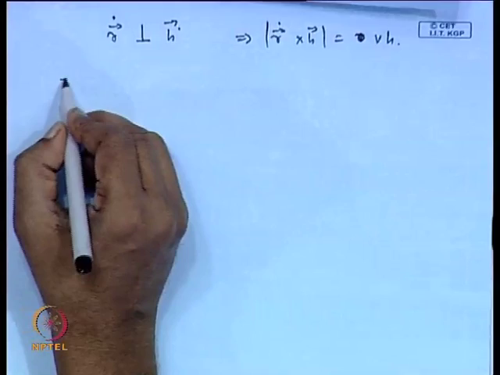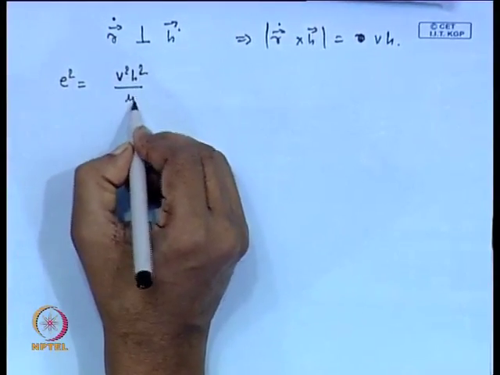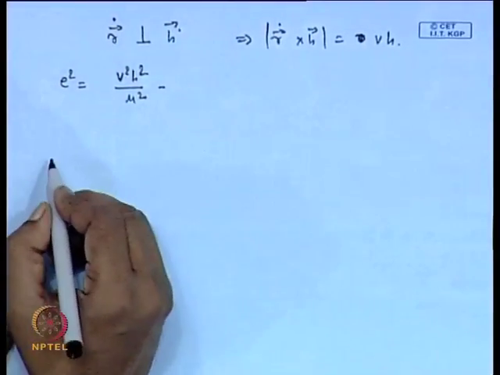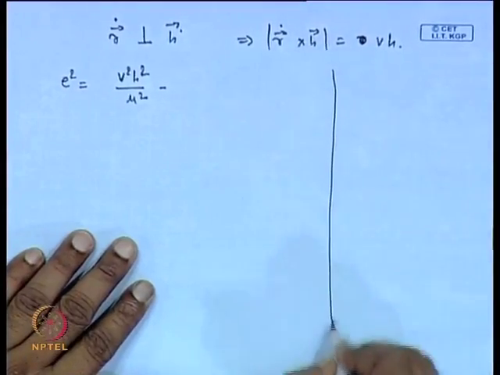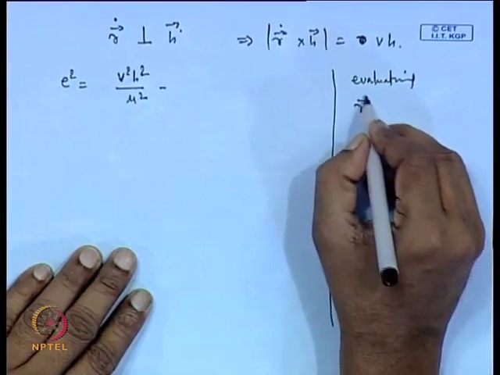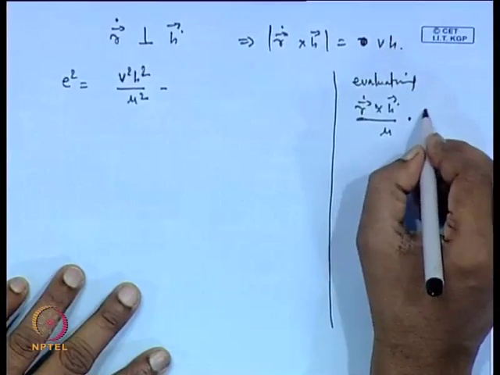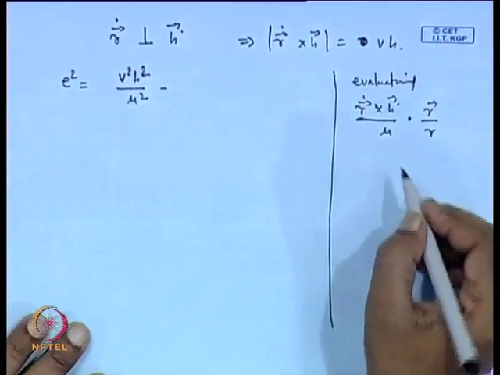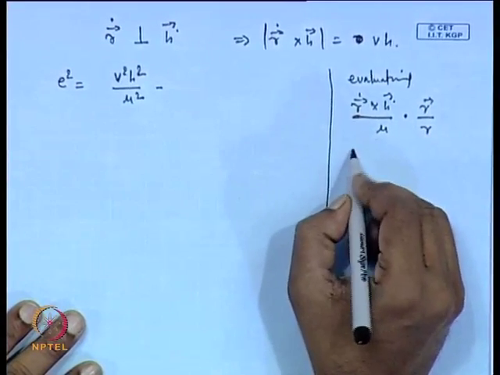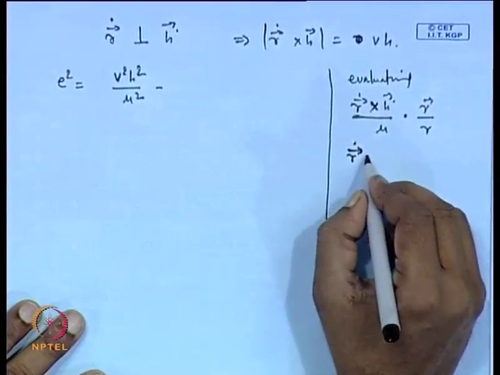So, the equation can be written as E square is equal to V square h square divided by mu square minus, now expand the quantity, what we need to evaluate, r dot cross h divided by mu, dot r by r. Here again we can take advantage of the properties of the dot and the cross product.